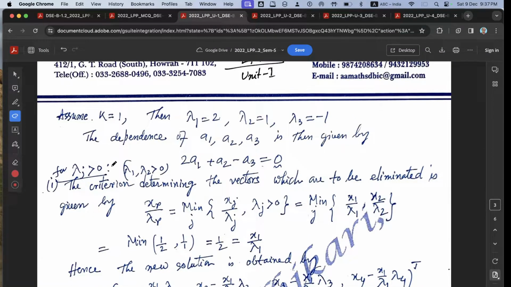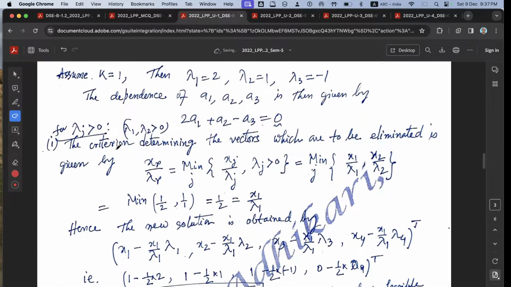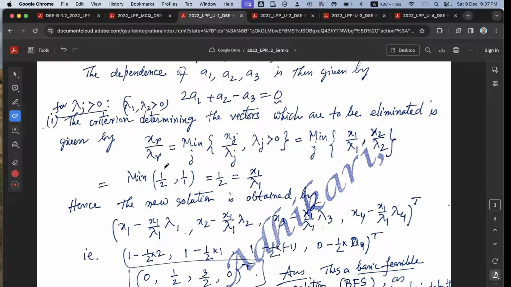For lambda j greater than 0, lambda 1 greater than 0, lambda 2 greater than 0, the criterion determining the vector to be eliminated is given by xr by lambda r equal to the minimum over j of xj by lambda j, where lambda j greater than 0, that is the minimum of x1 by lambda 1 comma x2 by lambda 2. So the minimum is 1 by 2 comma 1 by 1, that is 1 by 2, equal to x1 by lambda 1.